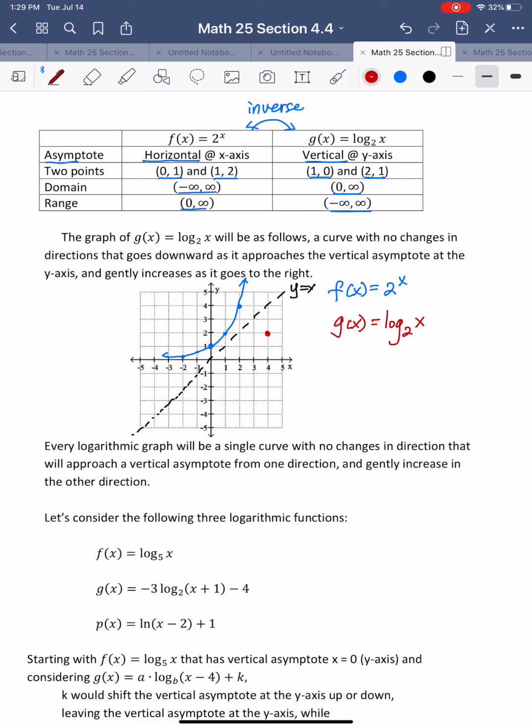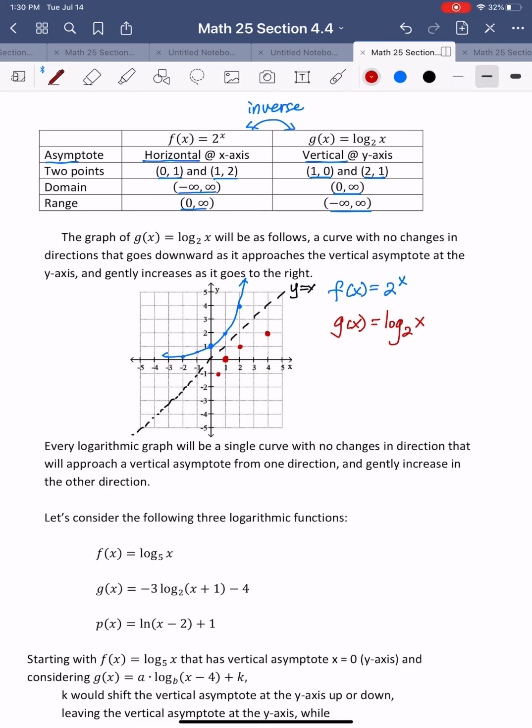Okay? And then this point is (1, 2), right? So I'm looking for (2, 1), right here. And then this point is (0, 1), so I'm looking for (1, 0), right here. And then this point is (negative 1, 1/2), so (1/2, negative 1), which is right here.